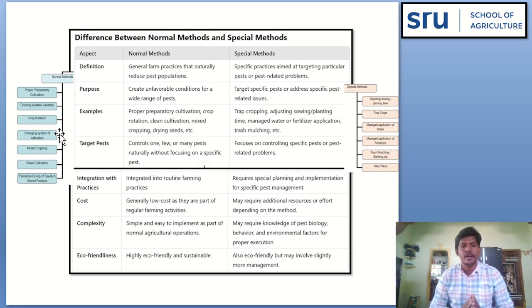But such knowledge, planning, and additional resources are not needed in case of normal methods. Normal methods are highly eco-friendly and sustainable. Special methods are also eco-friendly but may involve slightly more management.